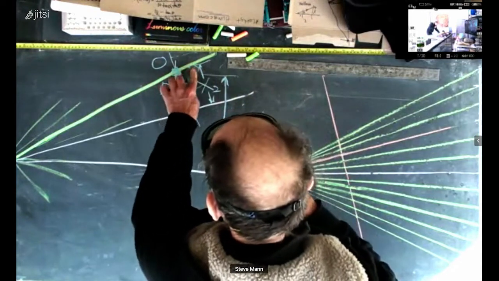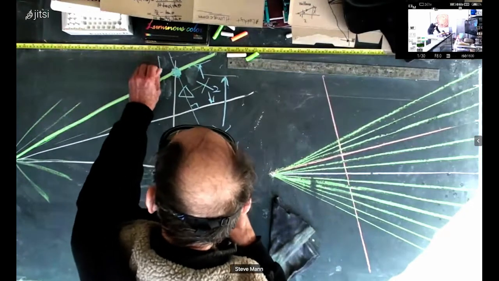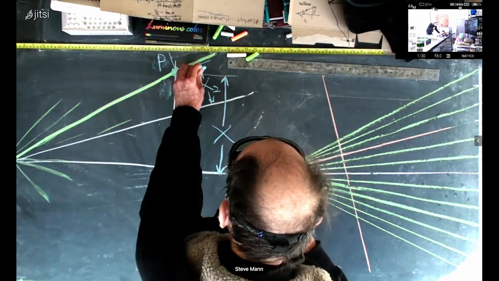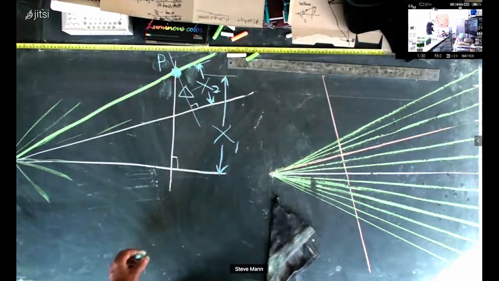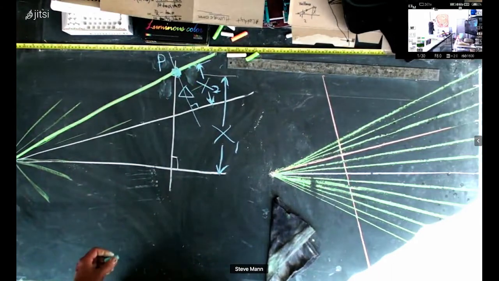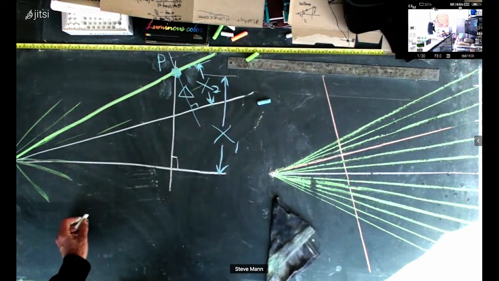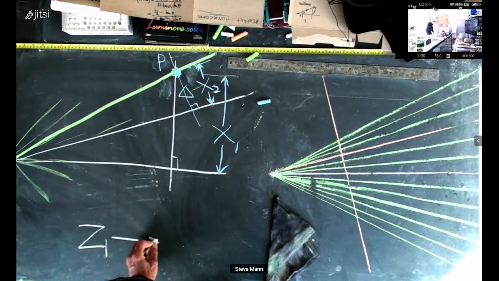Maybe I'll write letter P over here so that it's less confusing. And so big X2 is the distance from there to there. And now we're going to take this as a camera. So we have big Z1 is this distance here.